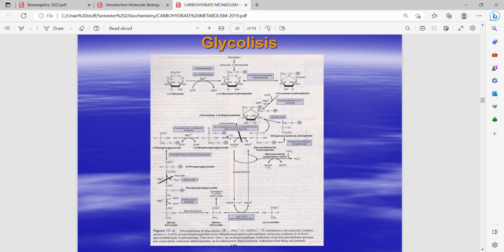So the phosphate is added into the molecule and it becomes a molecule with 2 phosphates, by phosphoric acid. Now it has 2 phosphate groups.